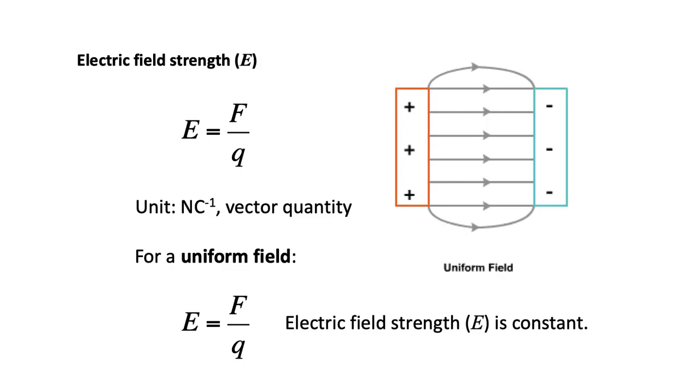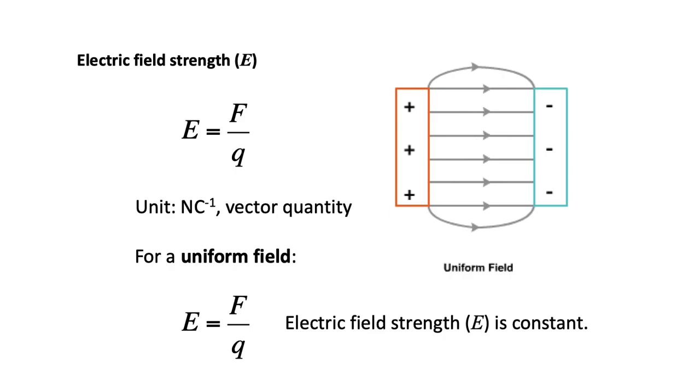The electric field strength in a uniform field is a bit more difficult to calculate at this stage in the course. What we just need to focus on is that it still has the same definition, it's still newtons per coulomb, but notice how it is constant. As I said earlier in a previous lecture, on a field diagram like this, the density of the lines is proportional to the electric field strength.